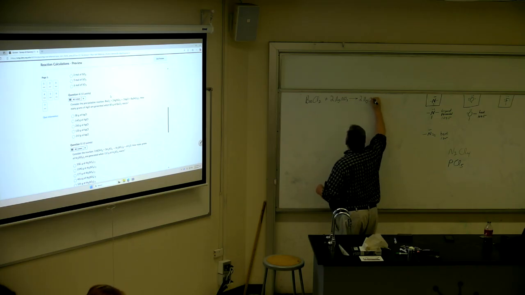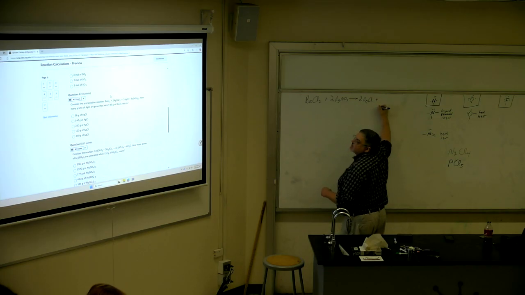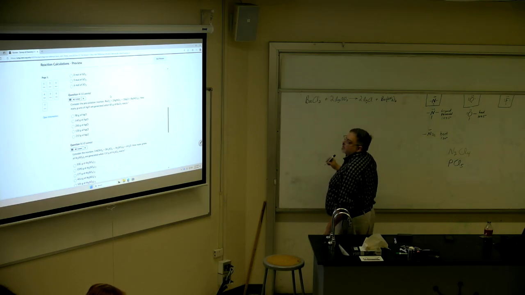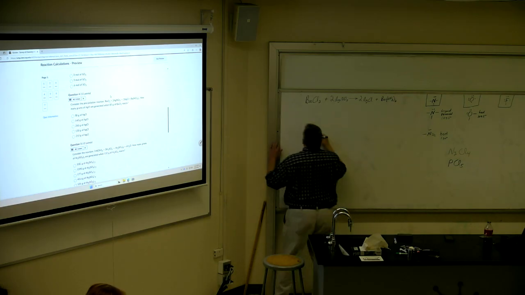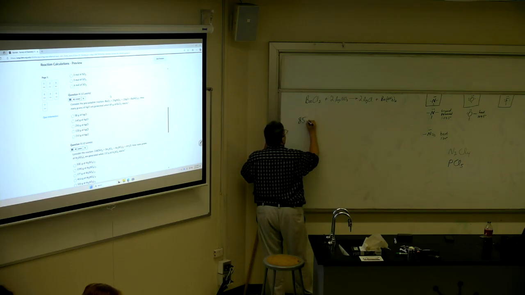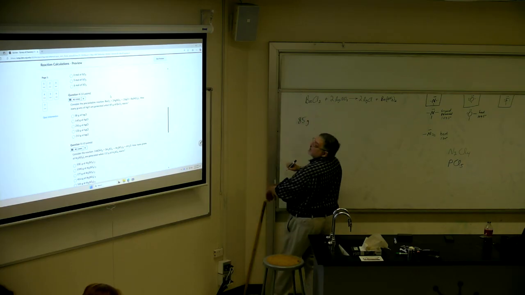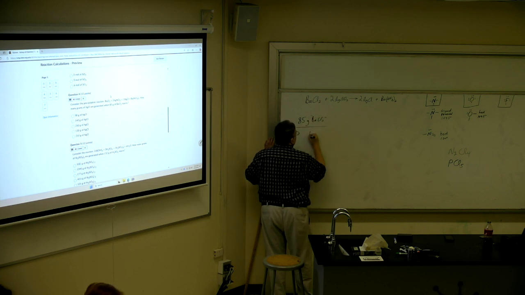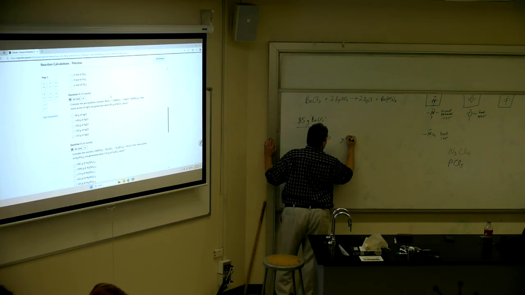BaCl2 plus AgNO3. Those 2 react and make 2AgCl plus. Okay, 85 grams of BaCl2.